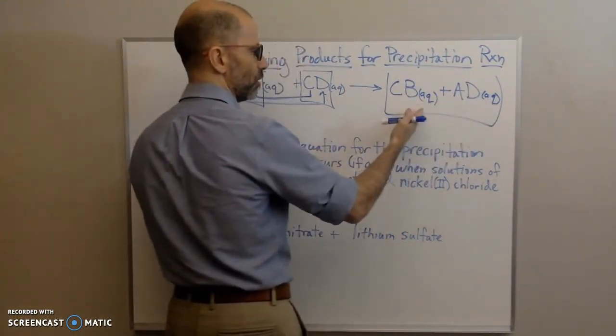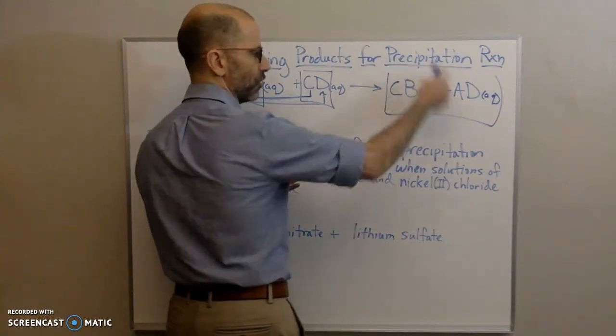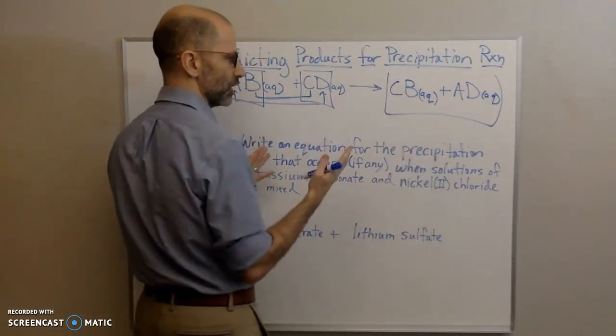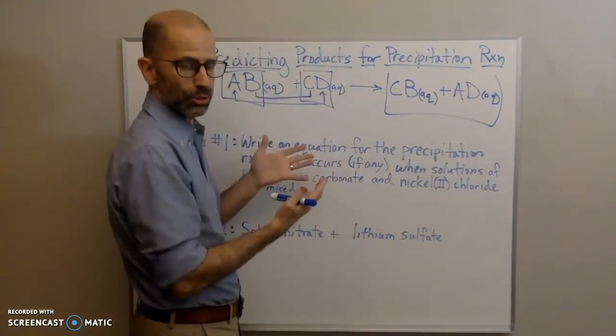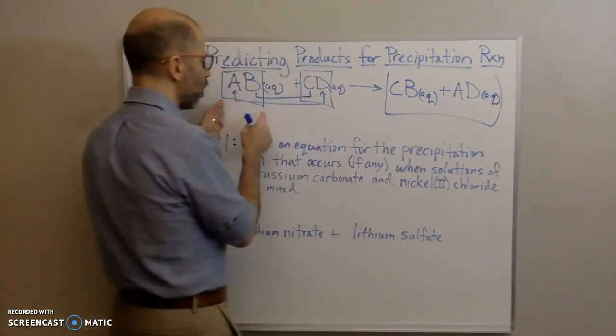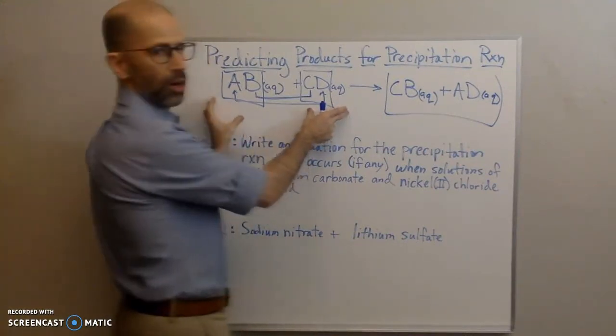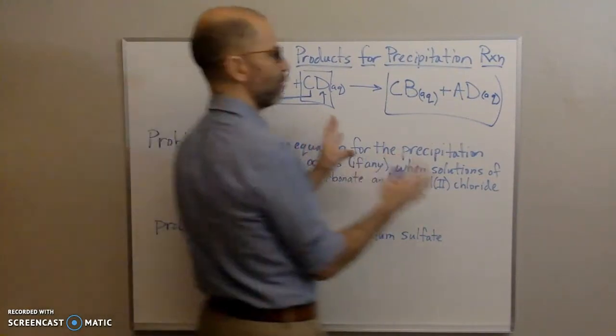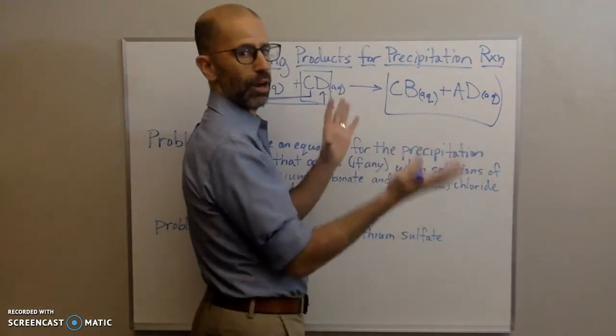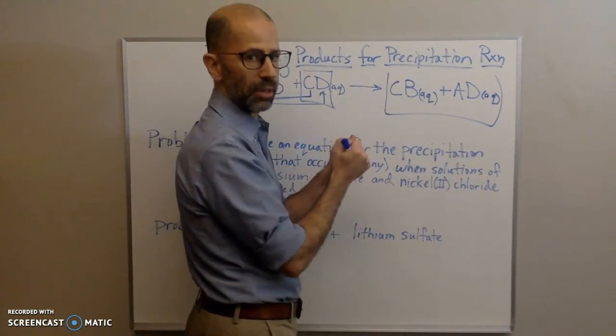All this means is that C and B is still floating around separately in solution, and A and D is floating around separately in solution, right? So I've gone from two separate solutions where A and B and C and D are floating around separately, and then I put them all together and they're all floating around separately. So nothing's coming together.